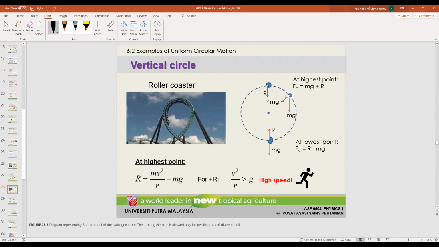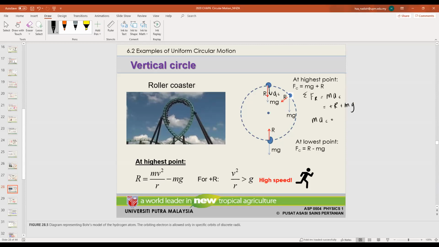Okay. So here your R is going downwards. At the highest point, your R is downward. It is in the same direction as your MG. Your weight is also downwards. Your AC is also in this direction. So again, your condition is FR equals to MAC equals to R, positive R plus MG. Dua-dua in the same direction as AC.